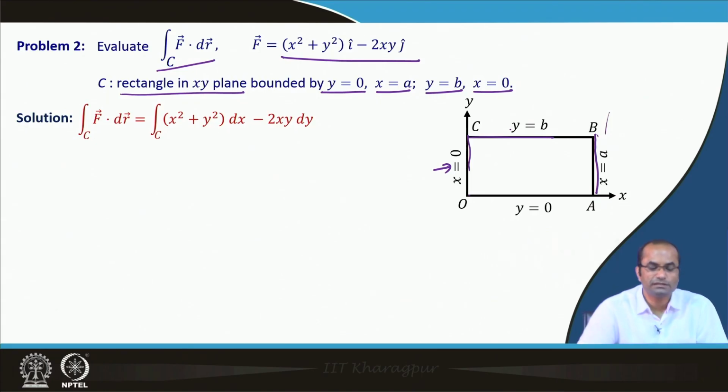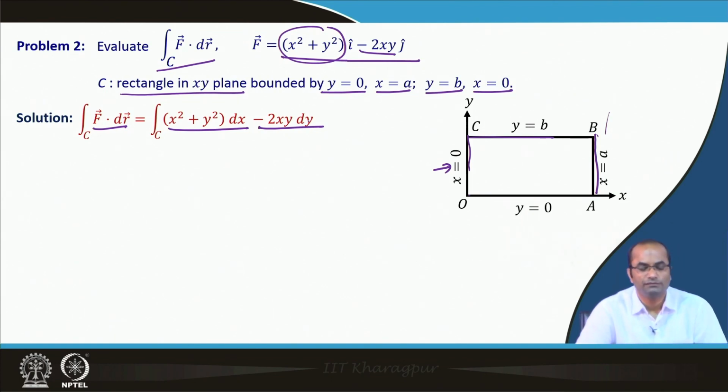This will be much easier if we write in the component form directly in xy form, not having the parametric form first and then convert it. That obviously we can do, but that will be much more difficult compared to this, because this is very trivial now. So, F dot dr, that means the x square plus y square, that is the first component, will be with dx, and then the minus 2xy will be with dy. So, this line integral we will evaluate.